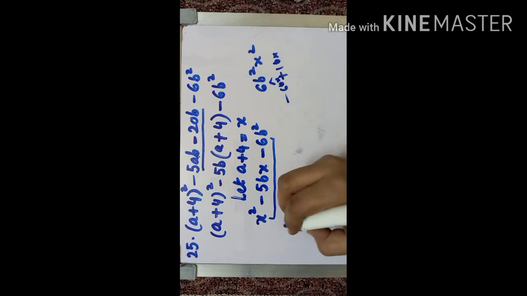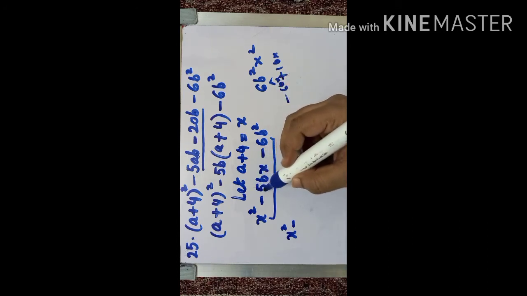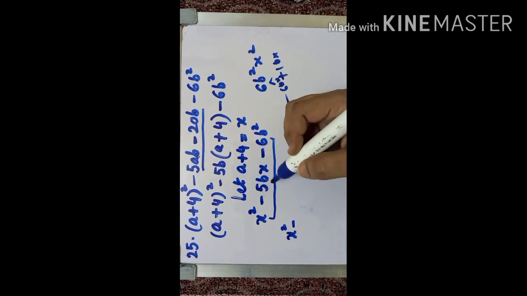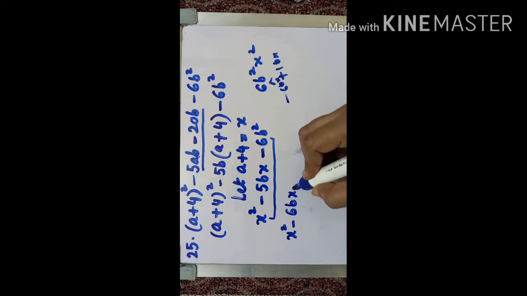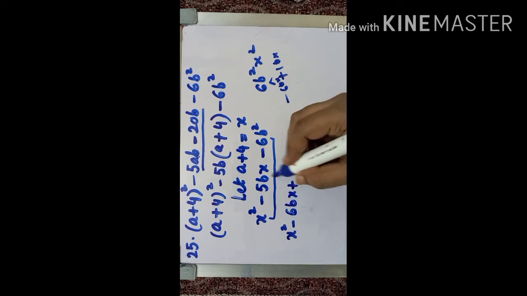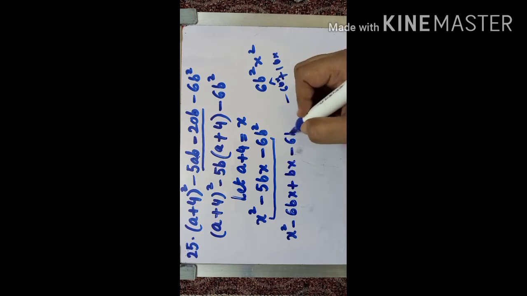Okay, so now x square minus, here in place of 5bx, what can you take? You can take minus 6bx and plus bx, that is 1bx. Okay, then minus 6b square will be as it is.